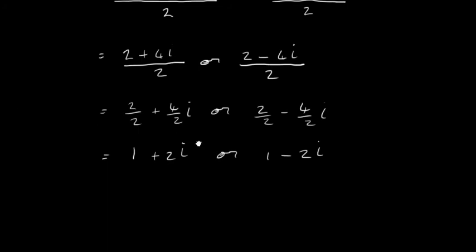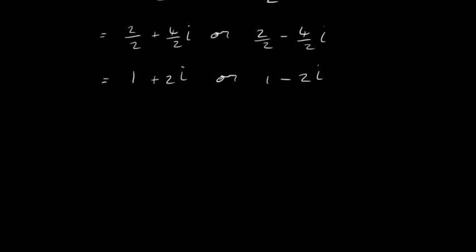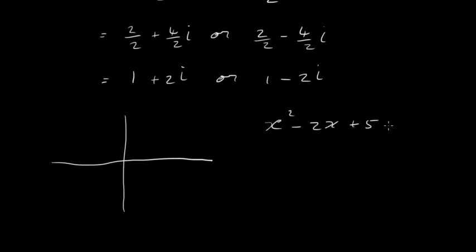So what does that mean in practice in terms of the graph of that particular quadratic? Remember, it was x squared minus 2x plus 5 is equal to 0. If we were to draw that, we're going to end up with something like that, where the graph doesn't actually cross the x-axis.